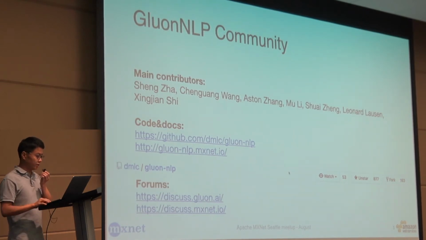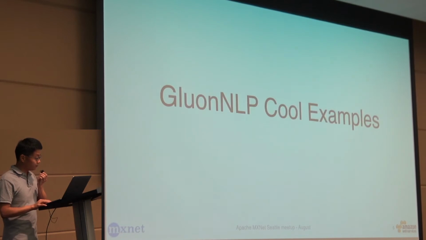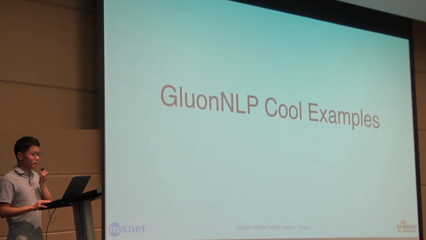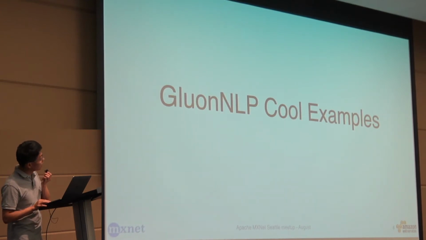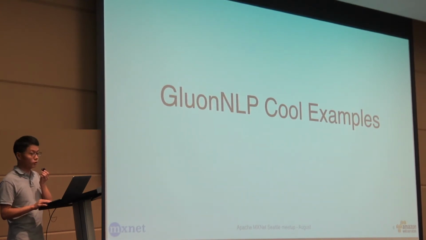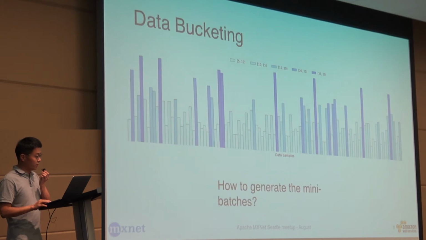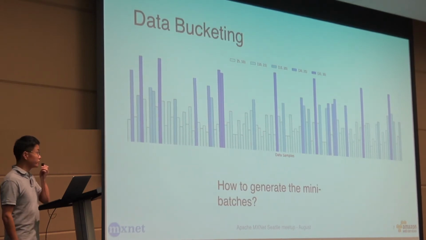contribute on GitHub. Let me first introduce some interesting things we are currently able to handle in GluonNLP. Most of them I would say are state of the art in the NLP area. I will cover the advanced features and the performance we now have in GluonNLP. The first thing is regarding the data API.